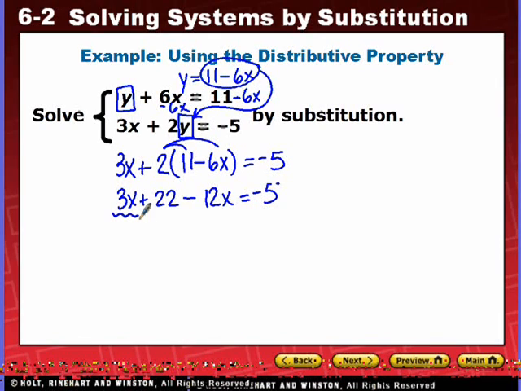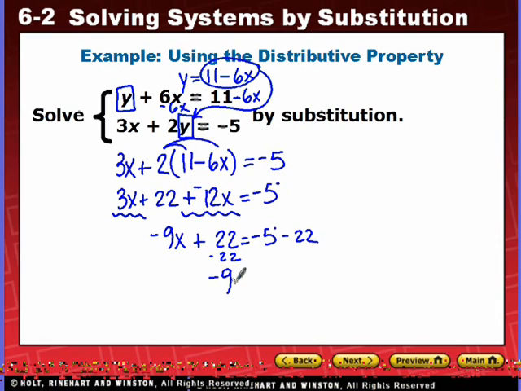Combine like terms. 3x and negative 12x makes negative 9x plus 22 equals negative 5. Subtract 22 from each side, and you're going to get negative 9x equals negative 27. And then when you divide, you should get x equals 3.